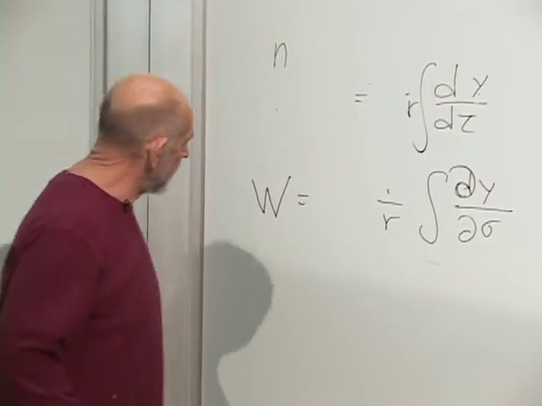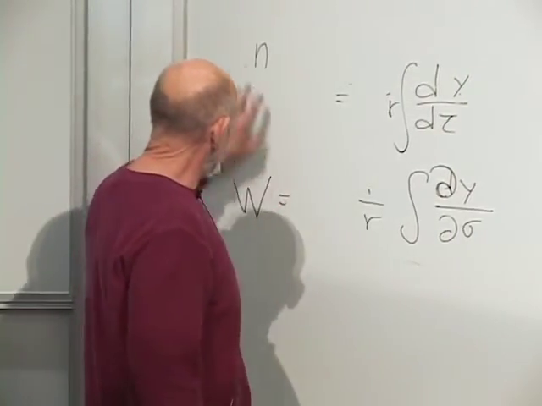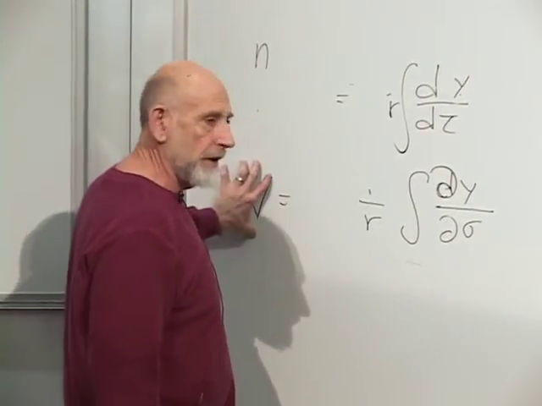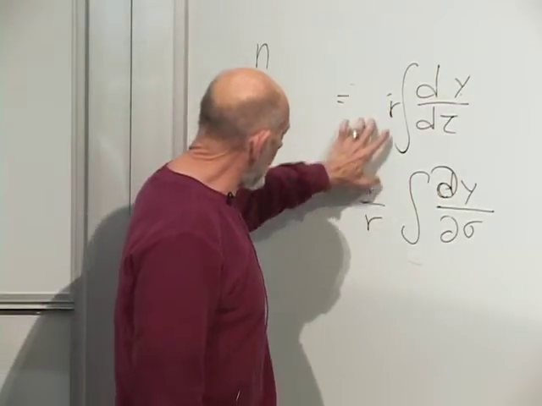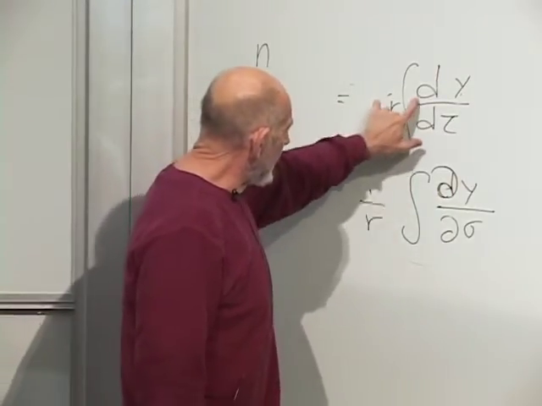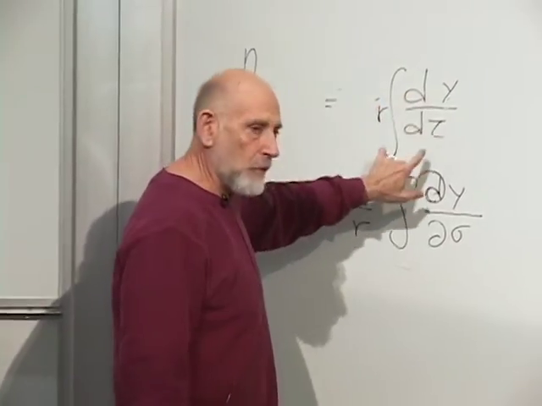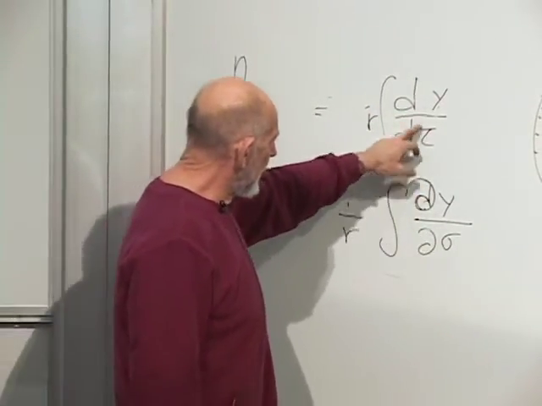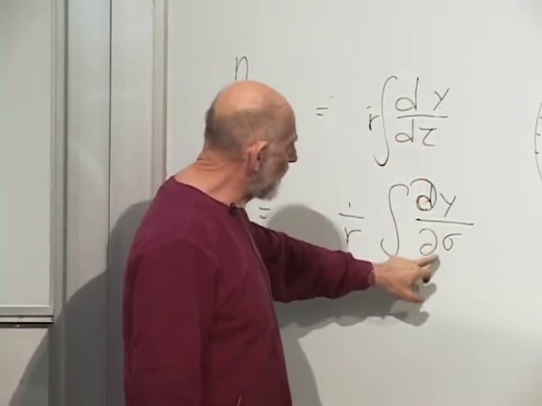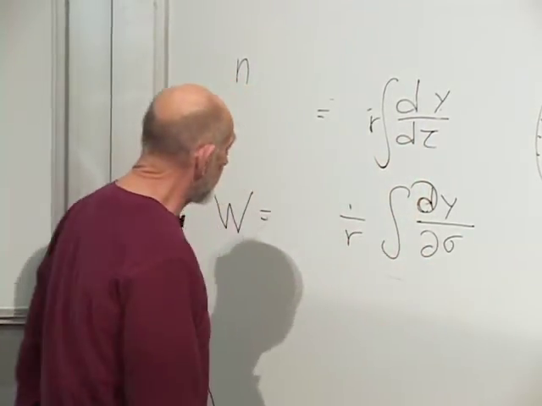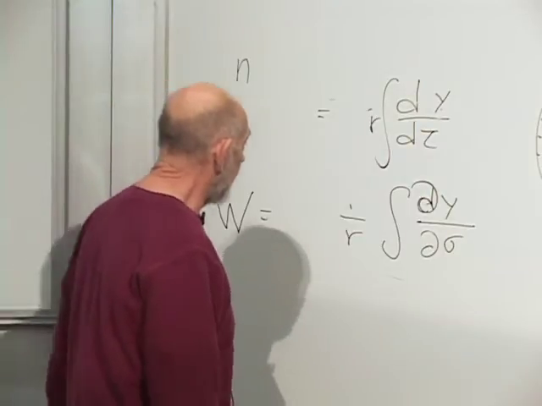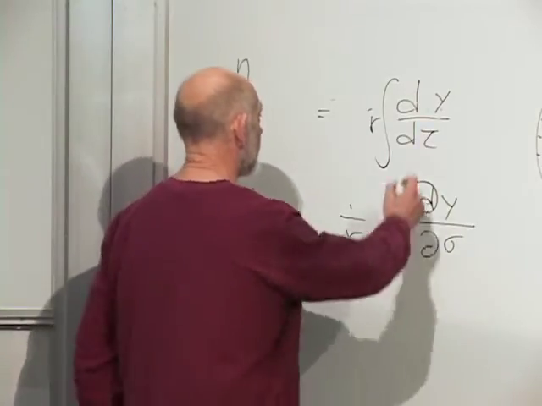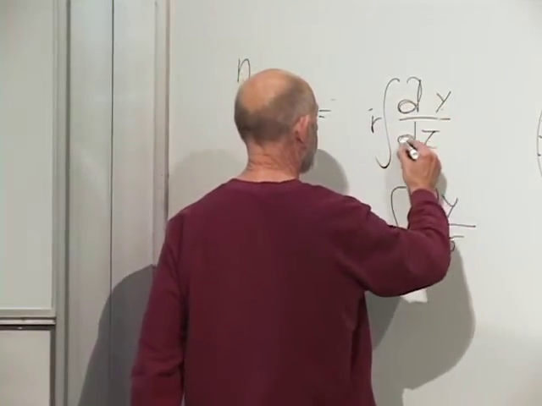Keep that in mind: T-duality is interchanging winding and momentum, interchanging R with 1 over R, and interchanging the derivative of y, that's the position of the string, dy d tau with dy by d sigma. This is a partial derivative.